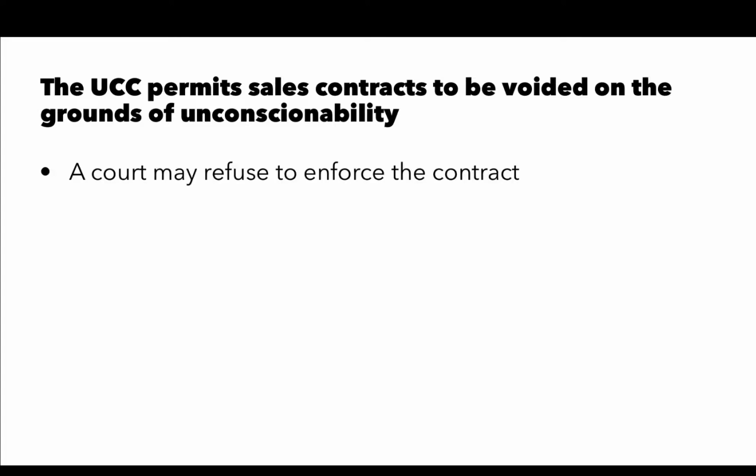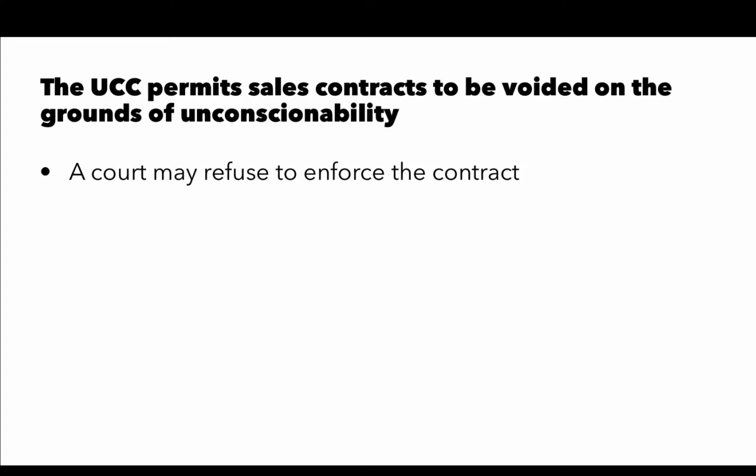The UCC also permits sales contracts to be voided on the grounds of unconscionability. Unconscionability is a tough concept. It really means grossly unfair. And a court may refuse to enforce a contract if the terms are grossly unfair to one of the parties.